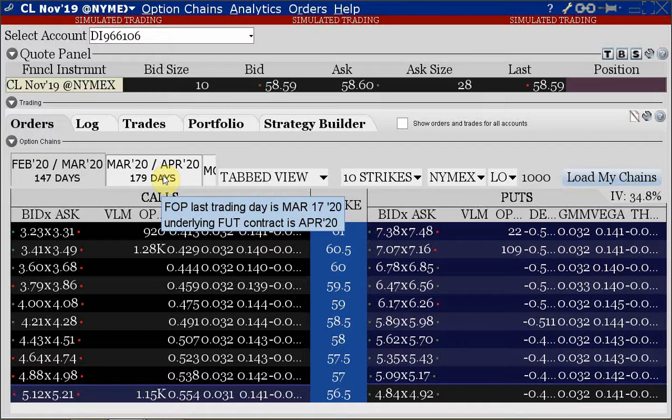In 6 months, all kinds of stuff can happen in the oil market. The oil price can shoot up to 100, and then the 61 call will have value. If you buy it now, you will still be holding on to it, because you have a 6 month call.